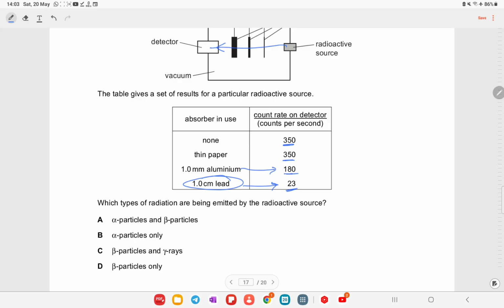If the count rate has reduced here, this means there was alpha as well. But when you kept the thin piece of paper, the count rate wasn't reduced, so this means there might be beta. And when you talk about this one, you see that it has reduced, and gamma. So option C will be your right answer.